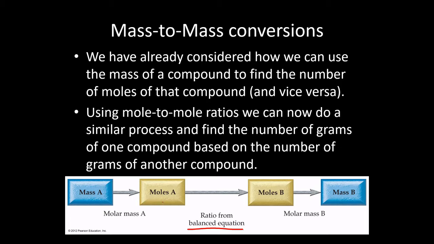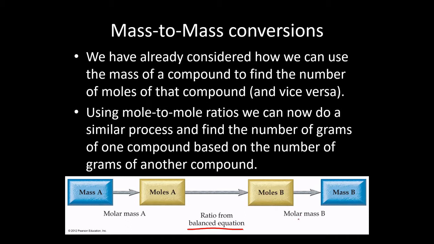Now, this is done exactly the same as we've done in previous chapters. You're just going to look up the molar mass for that molecule or atom using the periodic table and use the molar mass to convert to moles. Once we know how many moles of that thing we have, we can use the balanced chemical equation to work out, given this number of moles here, how many moles of the second thing is going to be produced or consumed.